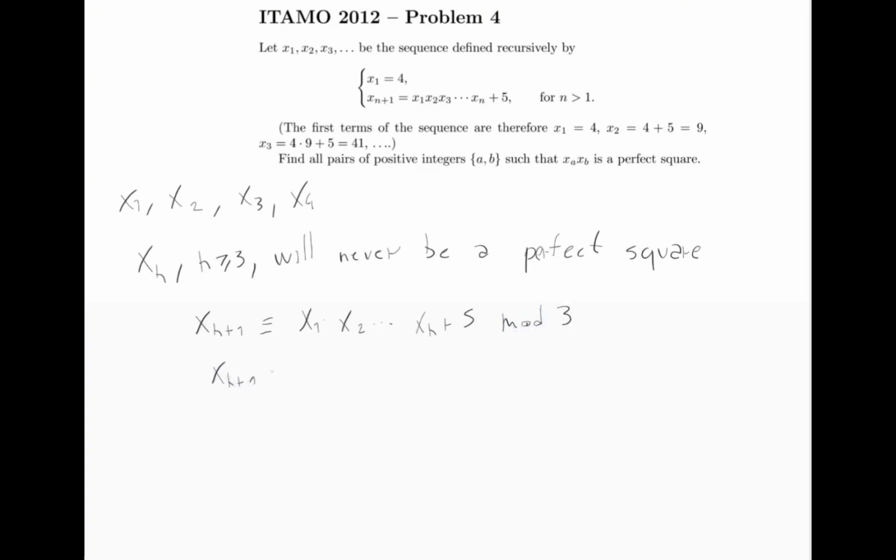Since x2 is equal to 9, this is 0 mod 3, so xn plus 1 is congruent to 0 plus 5, which is 2 modulo 3.